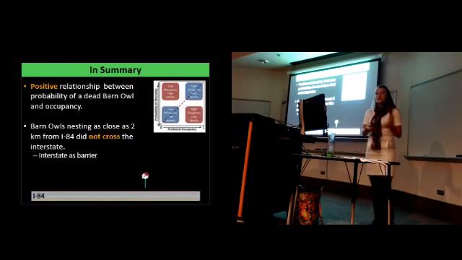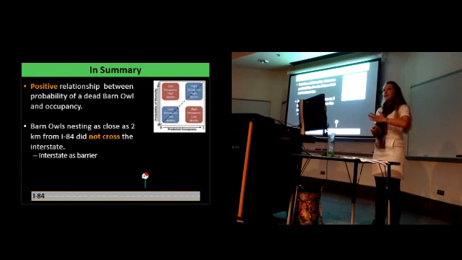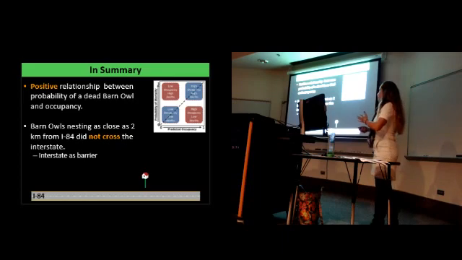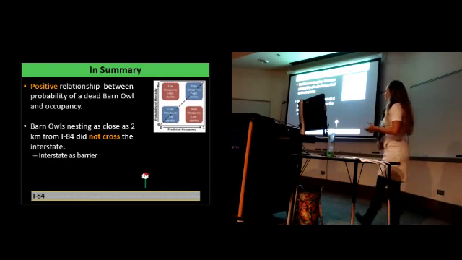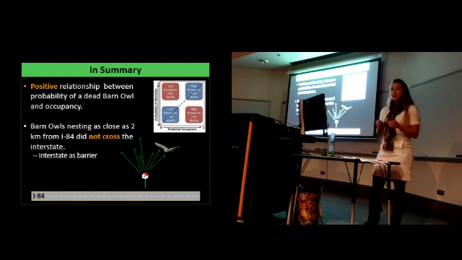When I examined the relationship between predicted occupancy and mortality on ID4, I found in general there's a positive relationship. As occupancy increases, so does the probability of mortality. And then in my behavioral study or movement study, I found that barn owls nesting as close as 2 kilometers from ID4 tended to move away from the interstate rather than towards it, suggesting that perhaps the interstate is functioning as a barrier to movements.